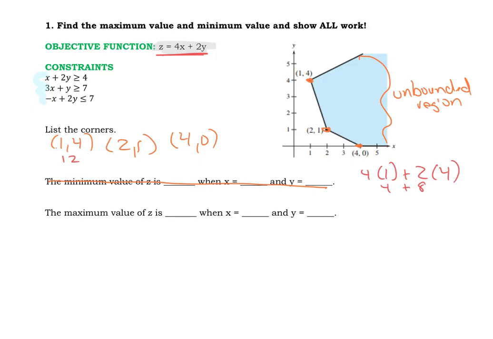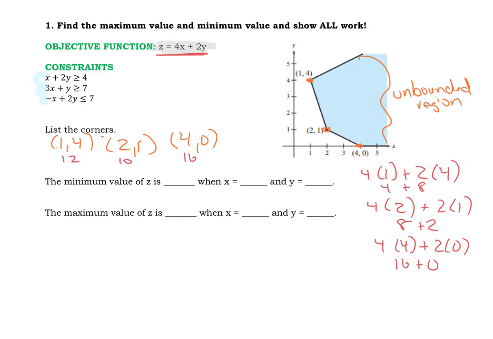Do it again. 4 times now the 2, because I'm working on this ordered pair, plus 2 times the 1, that's 8 plus 2, which is 10. And then the last corner would be 4 times 4 plus 2 times 0, which is 16 plus 0, which is 16.